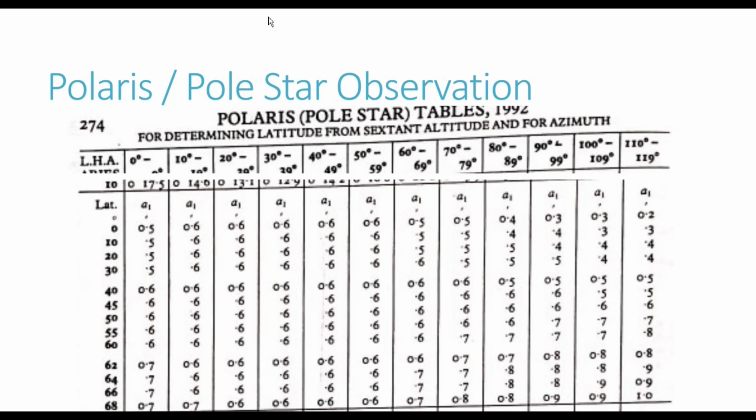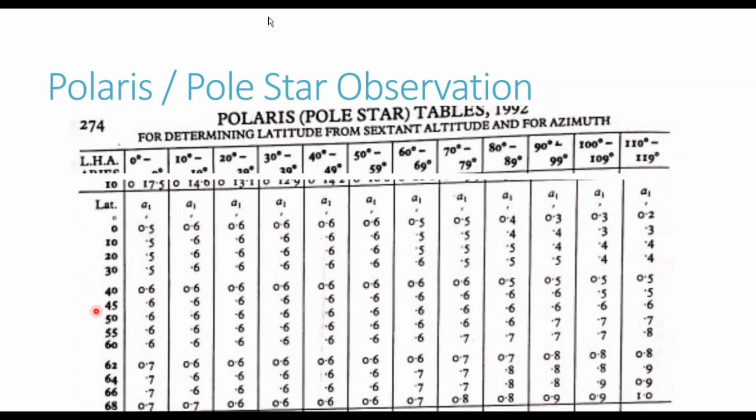Let's now move to the second part of the table. If you come down, you will see the second part of the table gives us correction A1. Now this part of the table is entered with the DR latitude, which is given to us in these questions.